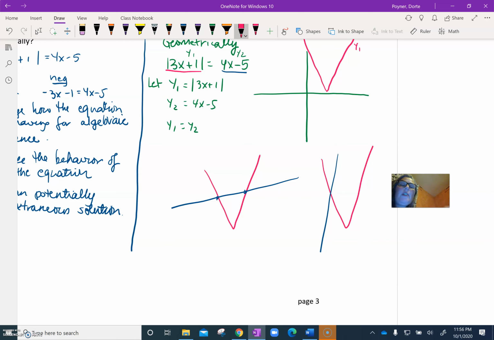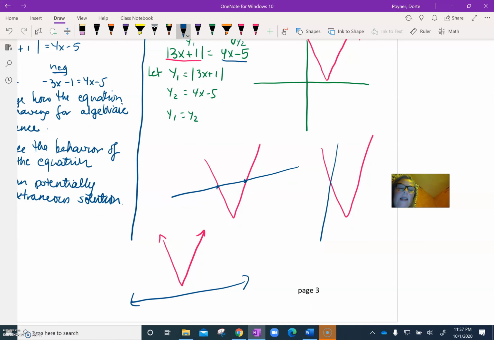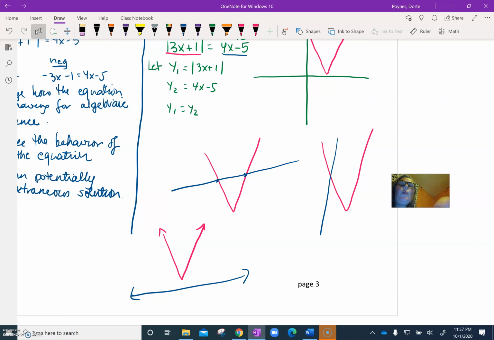Or it could potentially look like this, and then the line is down here, and it doesn't intersect the absolute value at all. That would be no solution. The first one that I'm highlighting right now produces two solutions. This one, where the line is as steep or steeper than the branches of the absolute value, is only going to produce one solution, and the last one down here on the bottom will produce no solution.